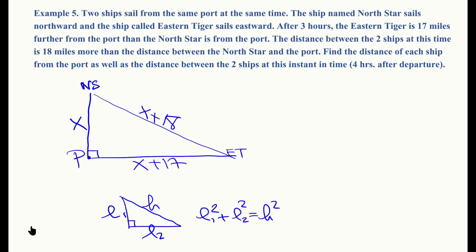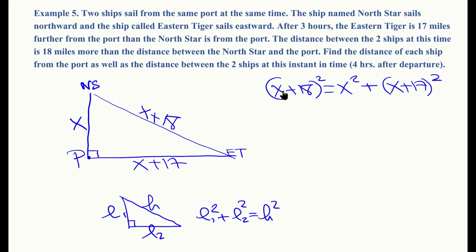So here we are going to get the fact that x plus 18 squared, so let me just put the hypotenuse squared on one side, is going to be the same as x squared plus x plus 17 squared. You see that? So now we're just going to expand and simplify. Now, be very careful with these.